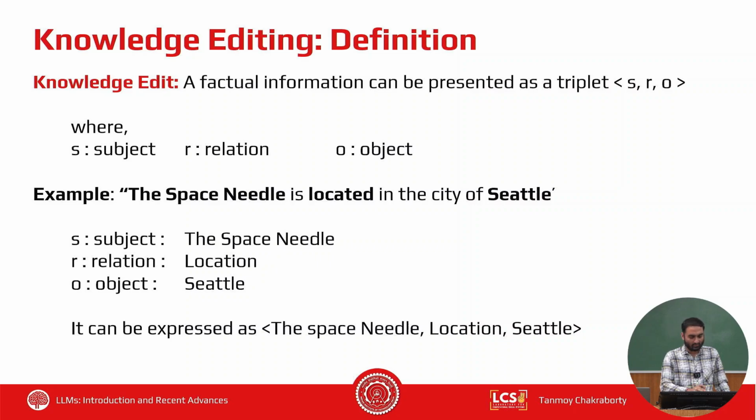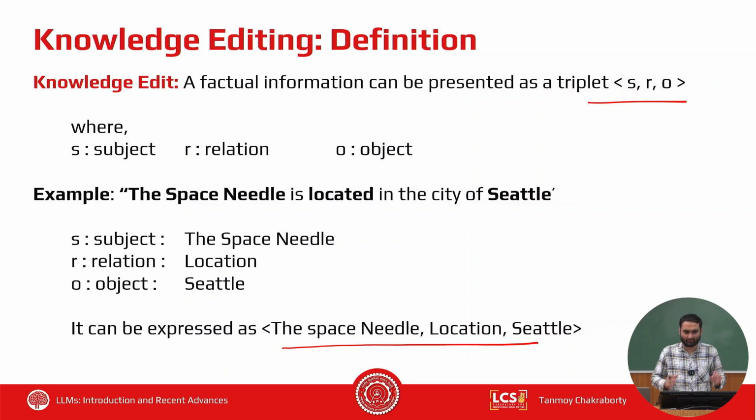When we talk about knowledge, some of you know that in a knowledge graph or knowledge base, we generally store factual information using a triplet like S, R, O. S is the subject, R is the relation, and O is the object. For example, the Space Needle is located in the city of Seattle. The subject is the Space Needle, the relation is location, and the object is Seattle. In a knowledge graph or knowledge base, you can essentially store this triplet: the Space Needle, location, and Seattle.